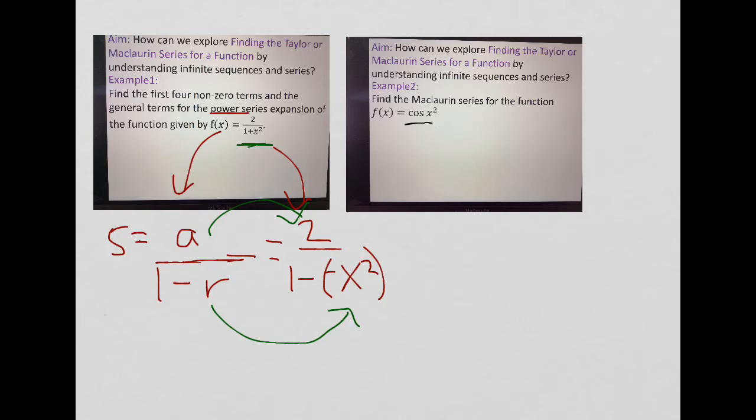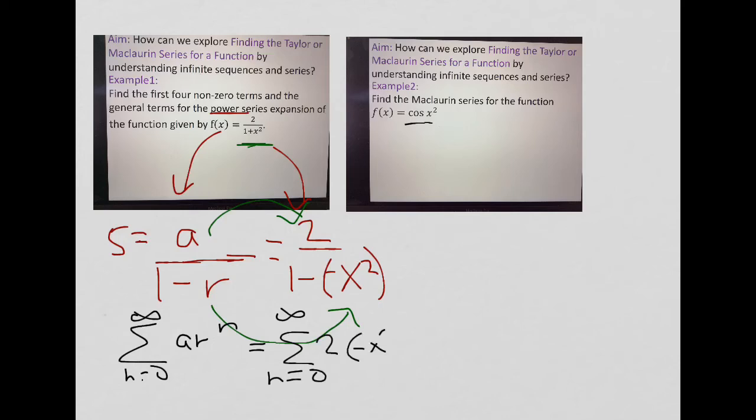Okay, so let's look at our general series here. For our geometric series, we have something like this. Well, if r is in terms of x, and particularly it's negative x squared, and a is 2, we can rewrite this series like this.